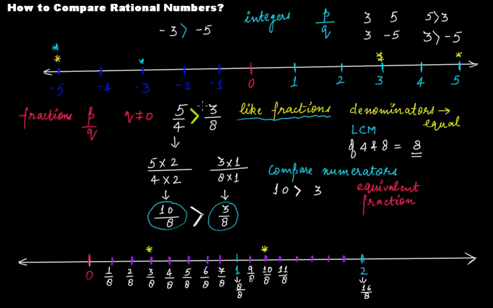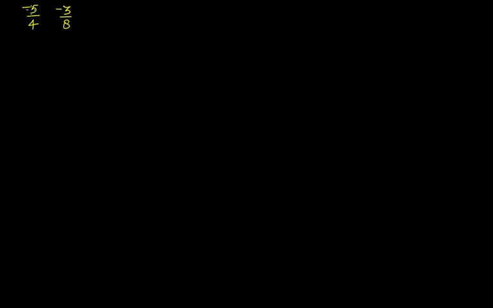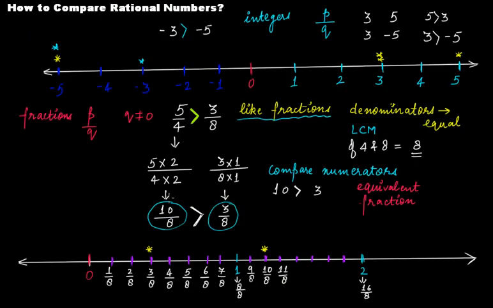We are going to do the same thing. The same steps. You have to convert them into like fractions, and like fractions always have the same denominators, so you'll have to take the help of LCM. Since these two numbers are the same, but the only difference is that they now have negative signs in the numerators, all the steps will be the same, only there will be a negative sign in the numerator. So as we have done here, this 5 over 4 becomes 10 over 8.